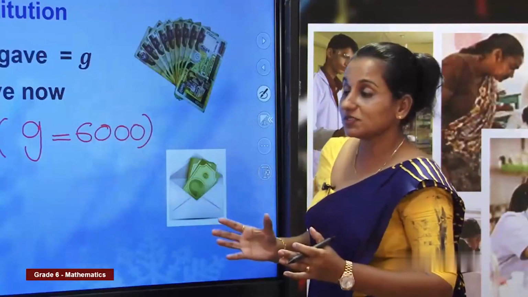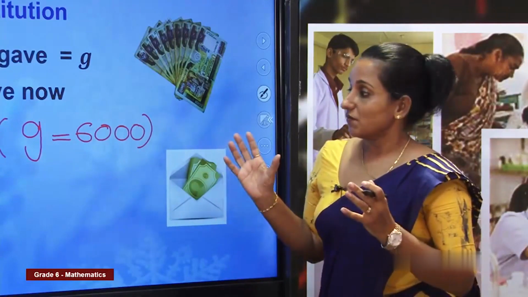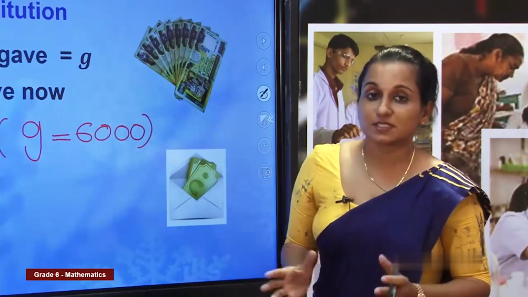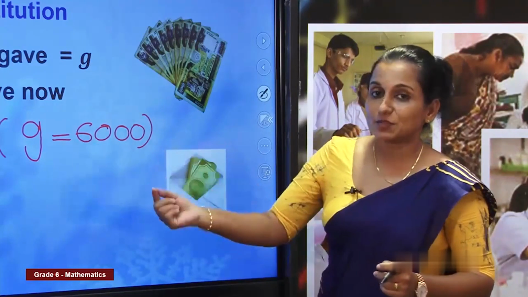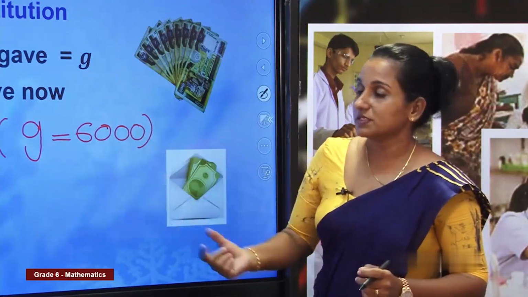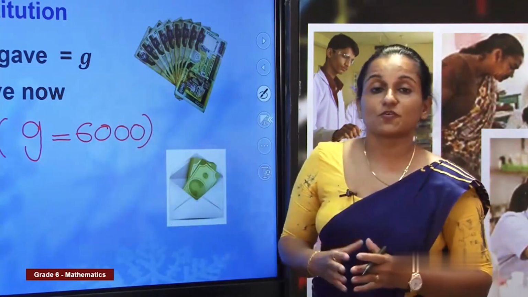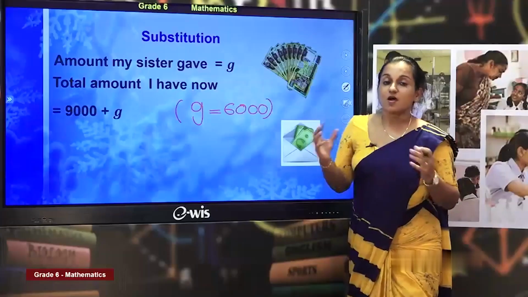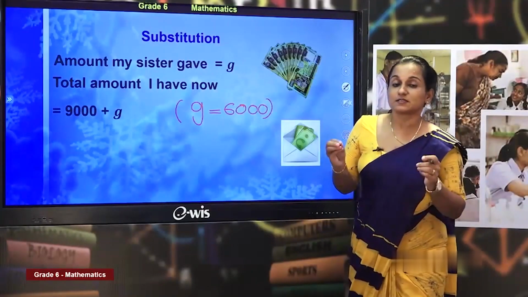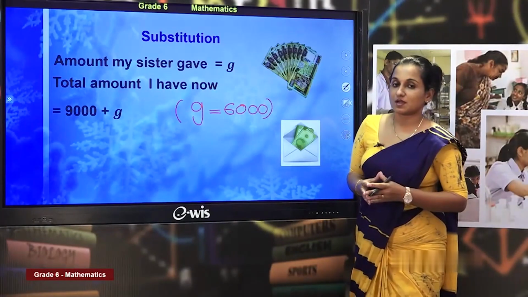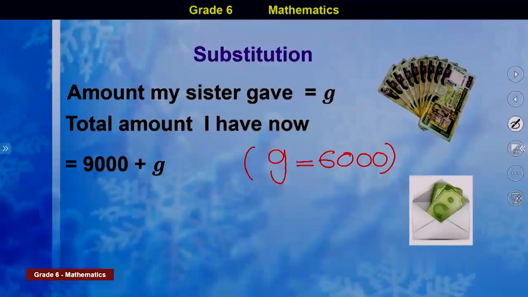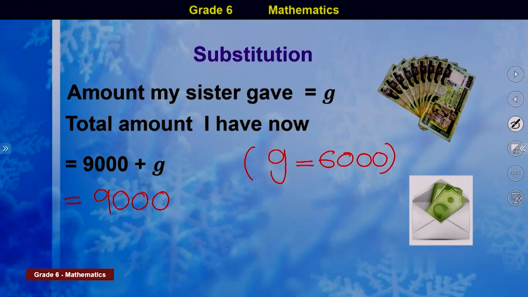Now I am going to substitute the value G equals 6,000 to the algebraic expression we built for the total amount of money I have after my sister gave me 6,000. Okay, shall we substitute? For this algebraic expression, I can write 9,000 as it is.